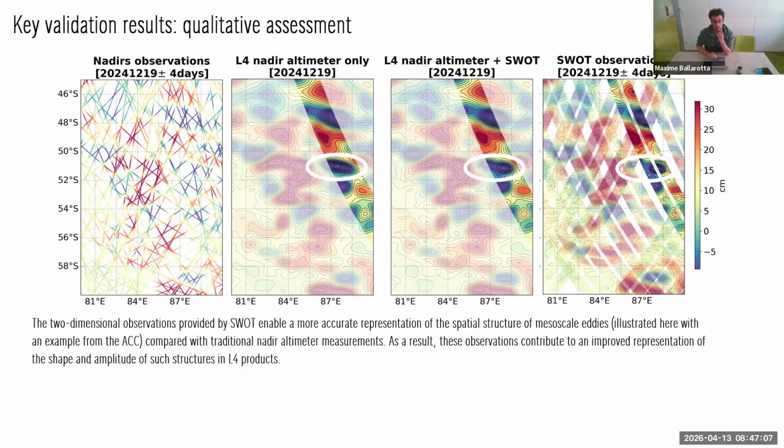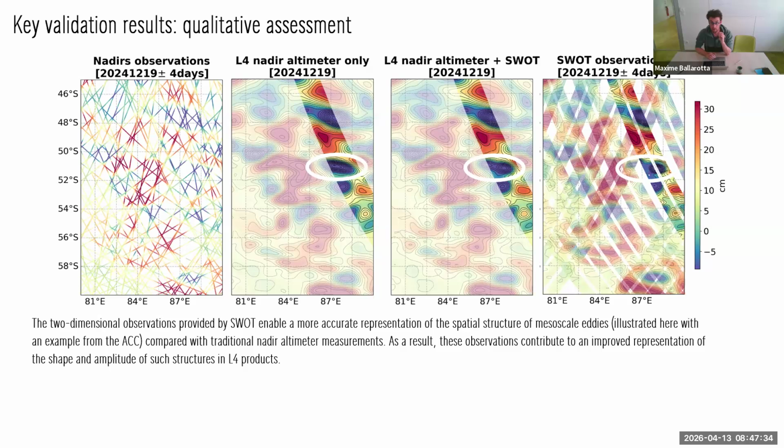For example, in the qualitative slide that I've put in the presentation, one eddy or one structure that was represented as only a unique eddy with nadir altimetry can be better shaped using the SWOT observation.